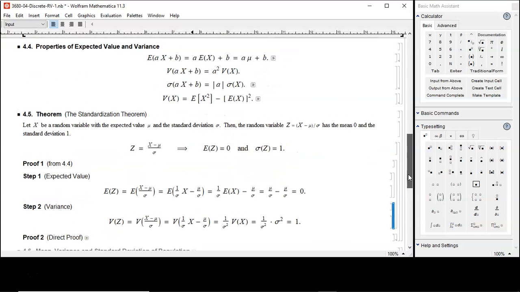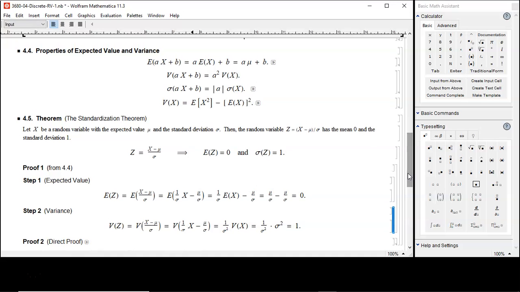Variance is a little bit more complicated. No, not really. Not that complicated either. You can get it from here. I can rewrite it into ax plus b form like this. And then as you can see, plus b just disappears and we just have this one squared, so 1 over sigma squared. But then again, V of X, variance, is sigma squared because sigma is standard deviation.